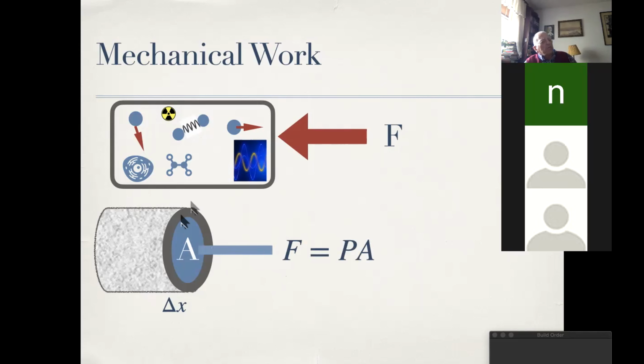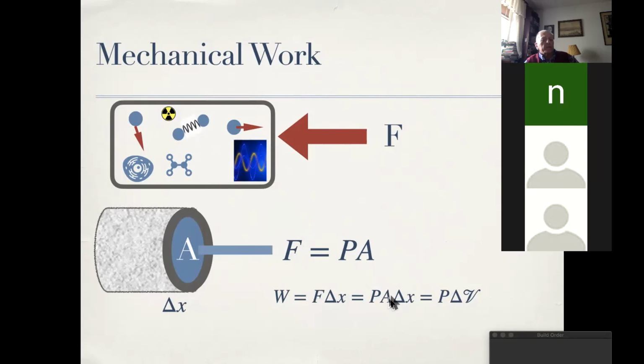What we know from physics is that the force applied to the piston results in the internal pressure of the container, and that this pressure is related to the force simply by multiplying by the area of the piston. But if the piston moves a certain distance delta x, then this force does work, and the work is force times distance.